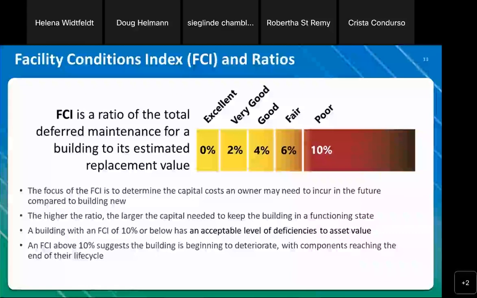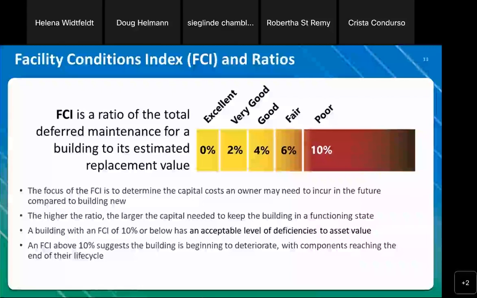So for instance, an FCI from 0 to 5% is really considered to be quite good. A $100,000 house with a 5% FCI means you've got about $5,000 in maintenance backlog items that need to be repaired. And so I think most people could recognize that there are some things in their home that would represent 5% that need to be fixed.